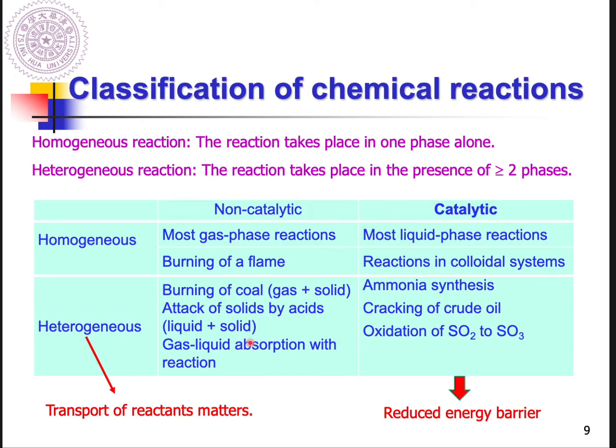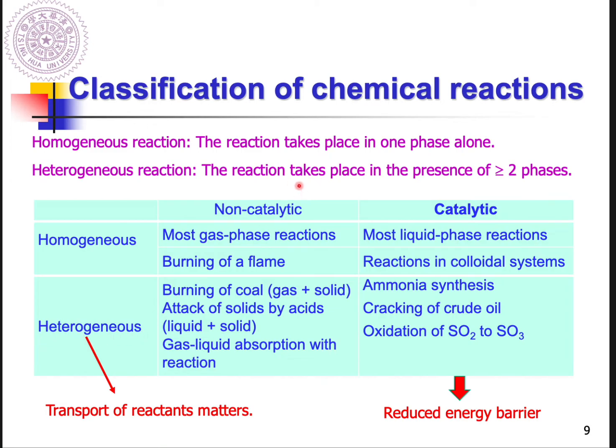Okay. So how to classify chemical reactions? Usually by how many phases are involved in these reactions. If the reaction only involves one phase, we call it a homogeneous chemical reaction. If it involves two or more phases, we call it a heterogeneous chemical reaction.